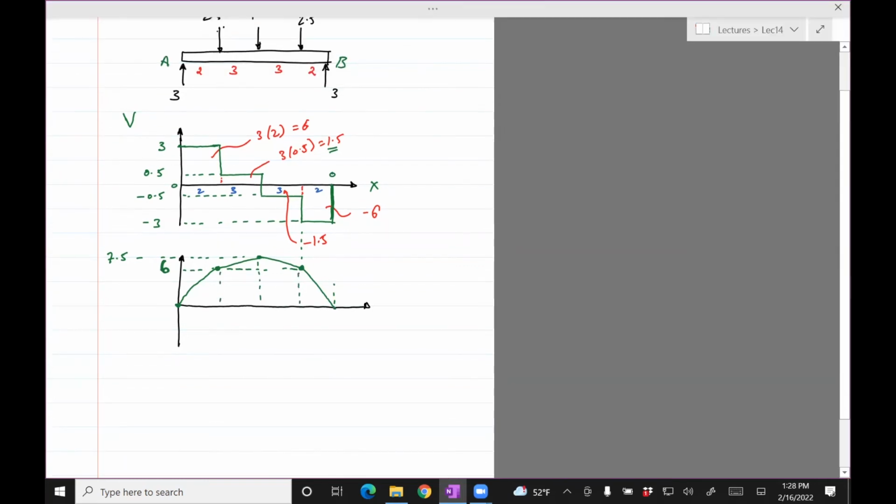So remember the formulas. Sigma was 6M divided by BD squared, and tau was 3V divided by 2 BD.